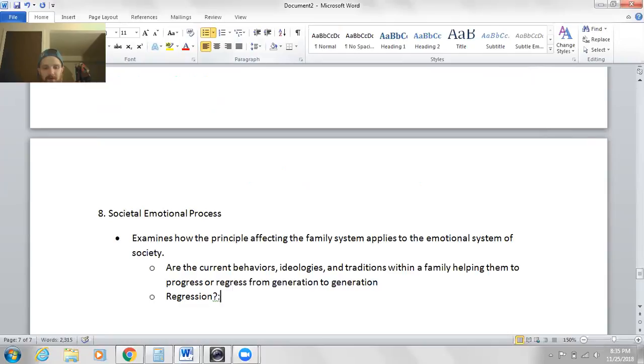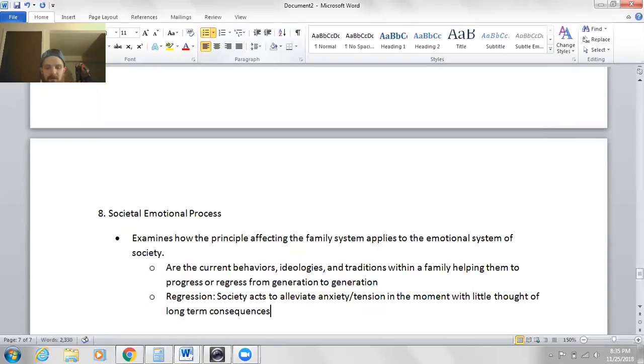So regression would look like society acts to alleviate anxiety or tension in the moment with little thought of long-term consequences.